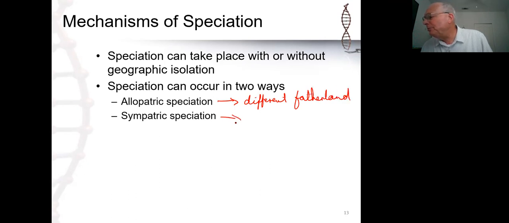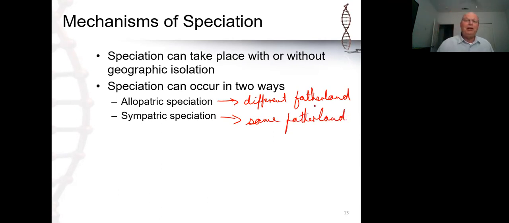And sympatric speciation translates as same fatherland, meaning speciation takes place in the same geographic location. So basically, we're talking about speciation as a consequence of being isolated geographically, or speciation taking place within the same geographic location.